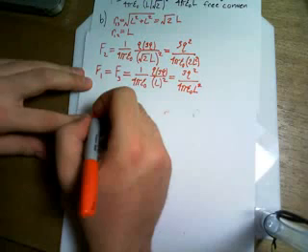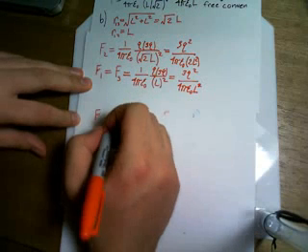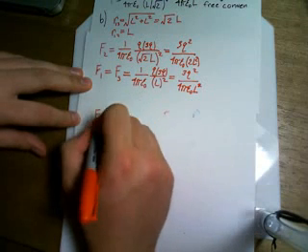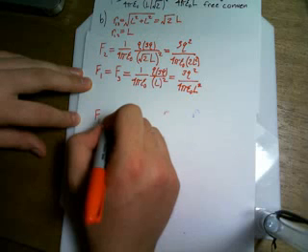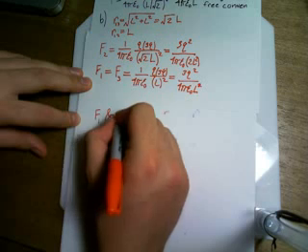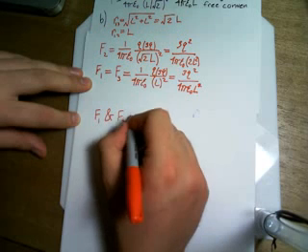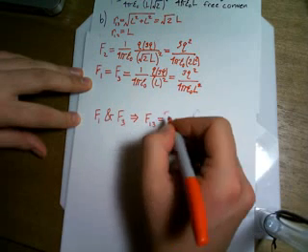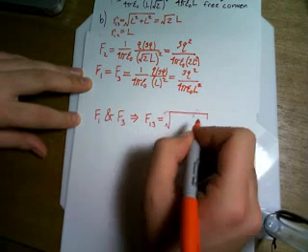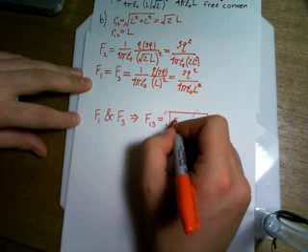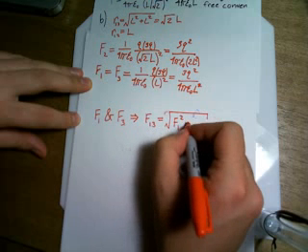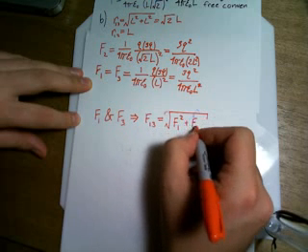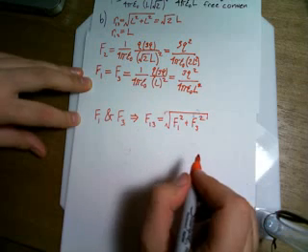Okay, for the vector sum of F1 and F3, we're going to get F13 equals the square root of F1 squared plus F3 squared.